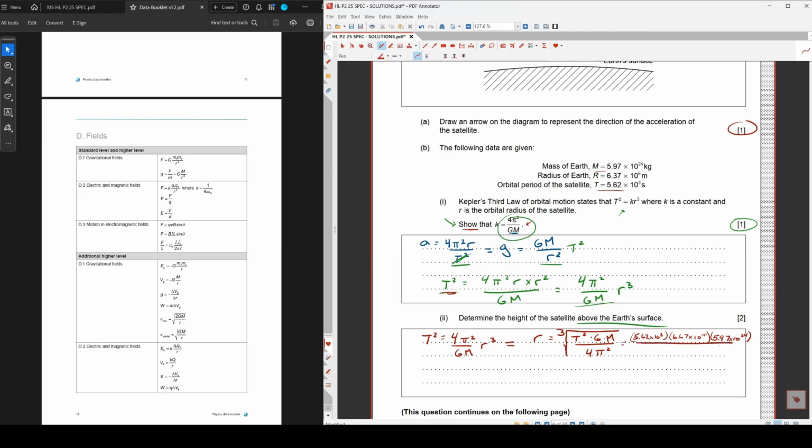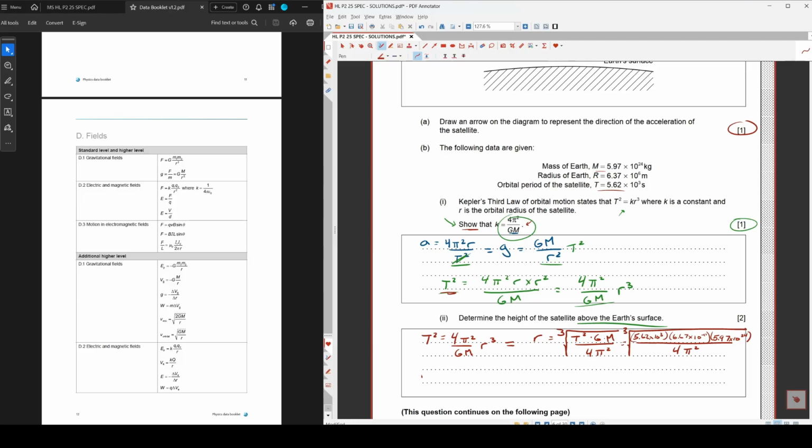All that over 4 pi squared. I'm going to be careful in my calculator with order of operations and using the pi button and the big E button and the cube root button. Oh, so much math.